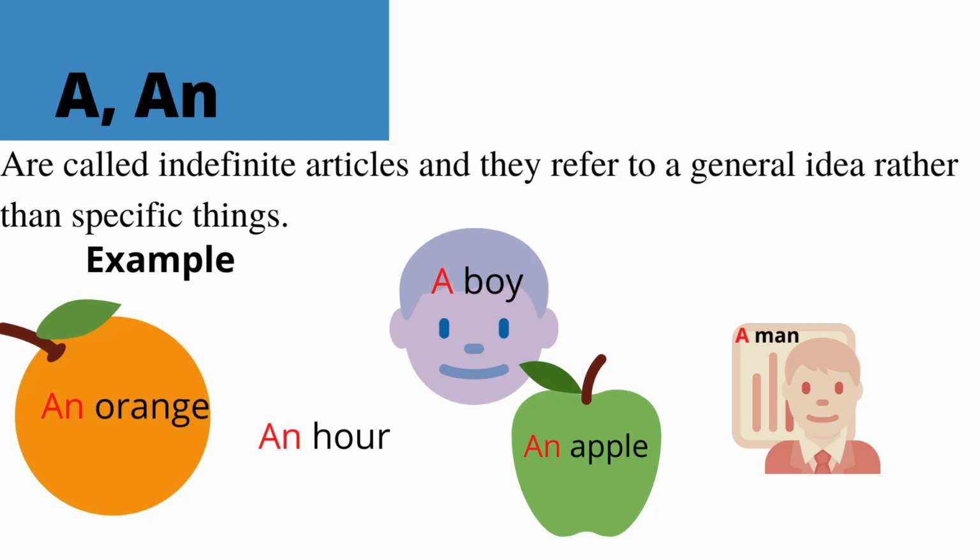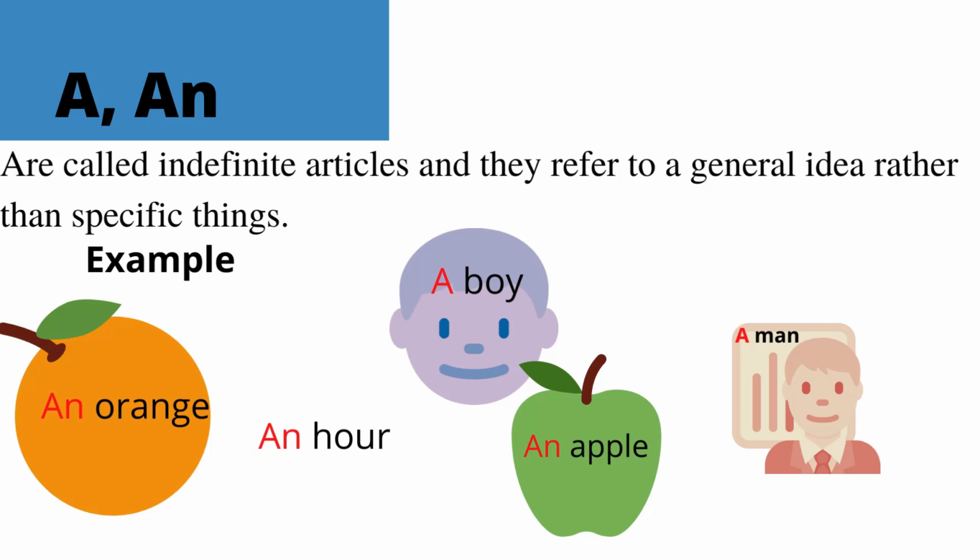Notice the rule we use with the articles a and an: first, it must be a countable noun, and it refers to one thing. We will not use it with plural nouns. You can learn about plural and singular in our previous lesson about singular and plural nouns.